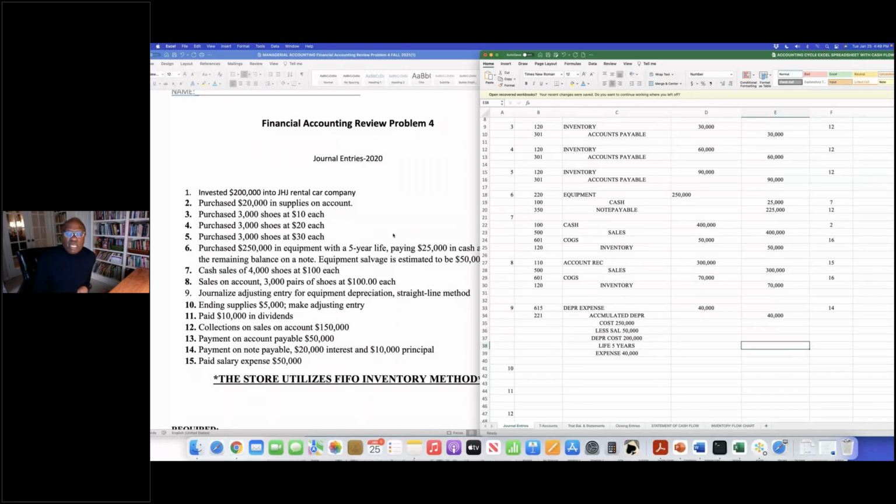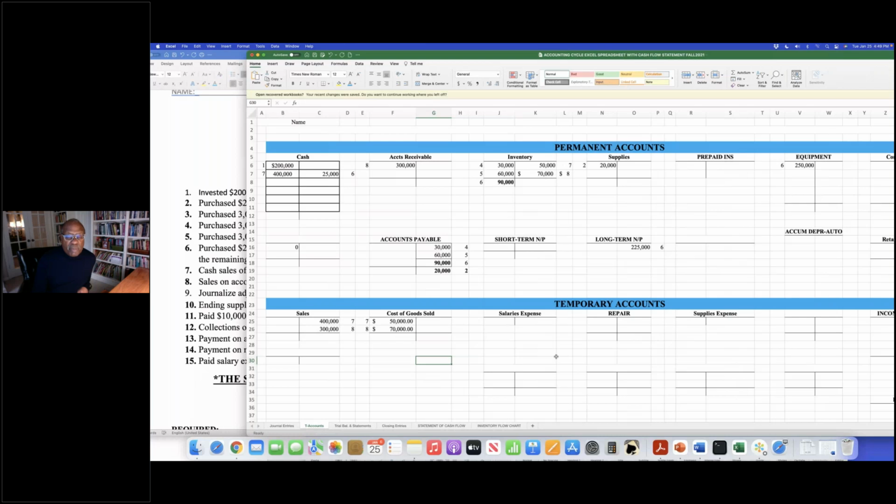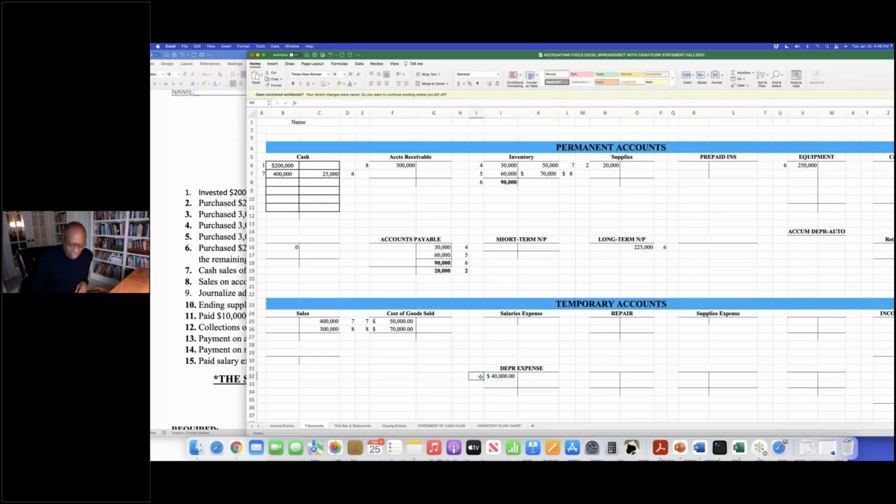Now let's look at posting this entry. So we'll just put depreciation expense here. And that's the transaction name.